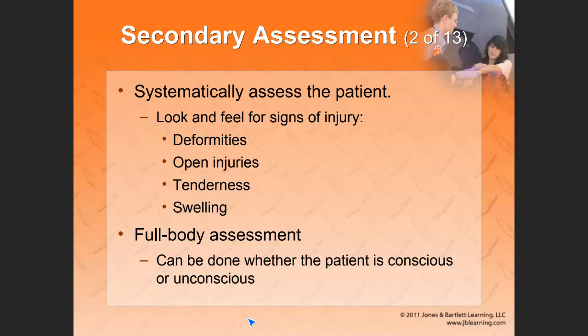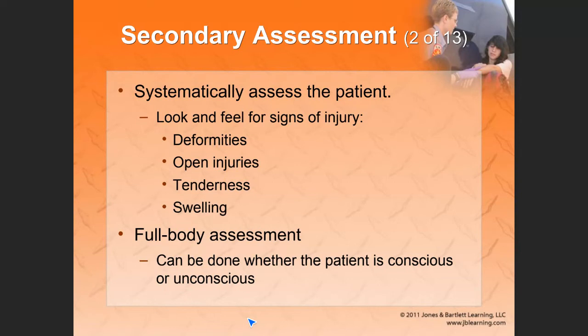So what that simply means is if you have a patient that is not communicating and the mechanism of injury is significant, then you look for DOTS from head to toe. If they are not talking and the MOI is significant, you look for DOTS from head to toe, full body assessment.